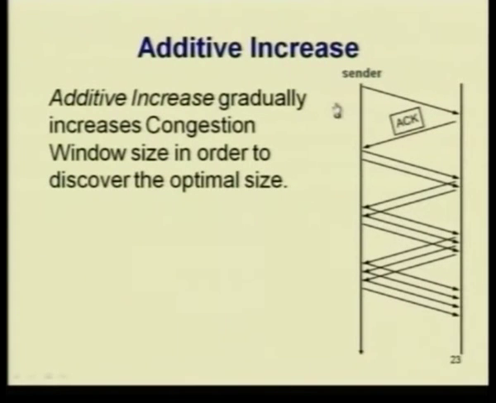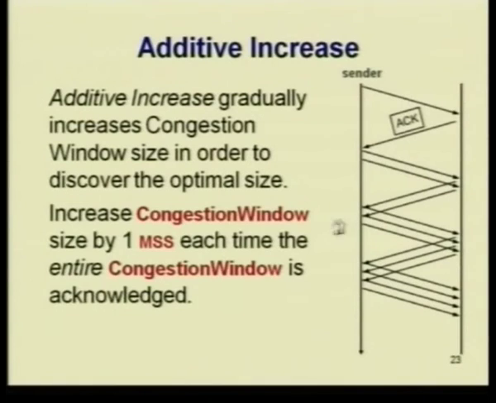In this example, I am starting with a value of 1. It could be any other value as well. When I get back 1 acknowledgement, I make it 1 plus 1, 2. So far so good. When I send 2 packets, then for the acknowledgements of this entire window, I add 1 to the congestion window size.